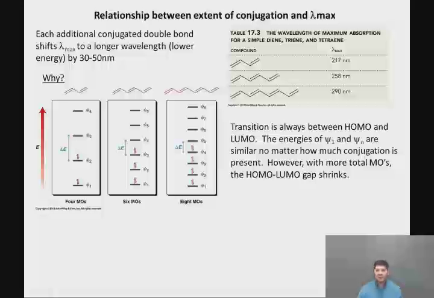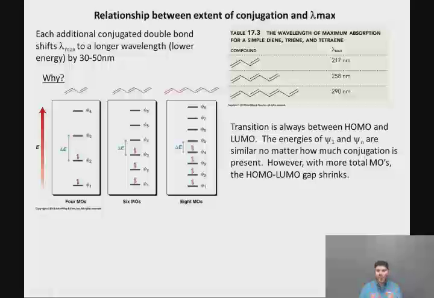This figure gives you a good sense of what the relative energies of the HOMO and the LUMO are. If you look at these energy diagrams, the energy of psi1, the lowest energy bonding molecular orbital, and the energy of the highest energy anti-bonding molecular orbital, whether it's psi4, psi6, or psi8, are about the same in the three structures.